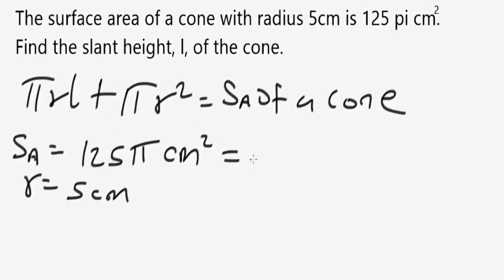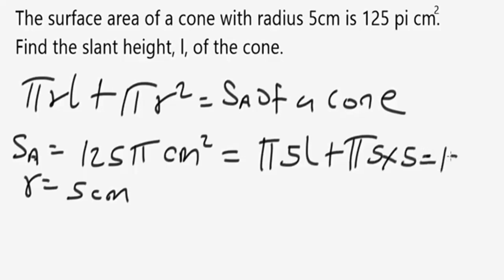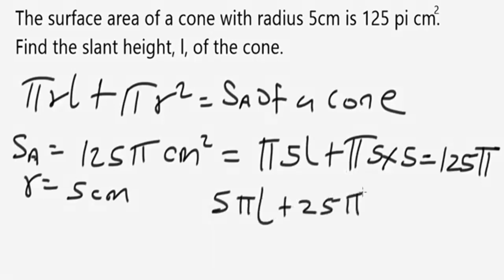So when you do it, you have pi times 5 times L plus pi times 5 times 5 equals 125 pi. When you break this down, you have 5 pi L plus 25 pi equals 125 pi.